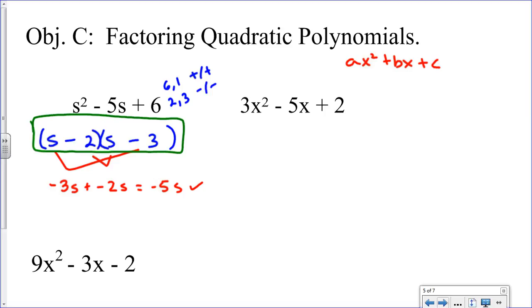Okay, let's look at the next one. Okay, factors of 3. 3 and 1. Those are my only options. So this has to be 3x and 1x.